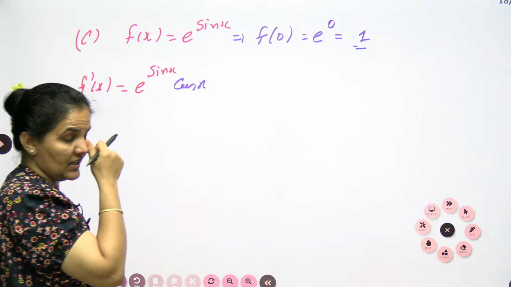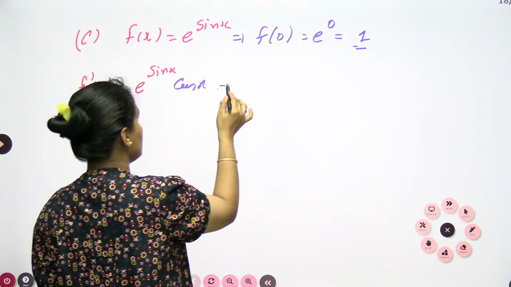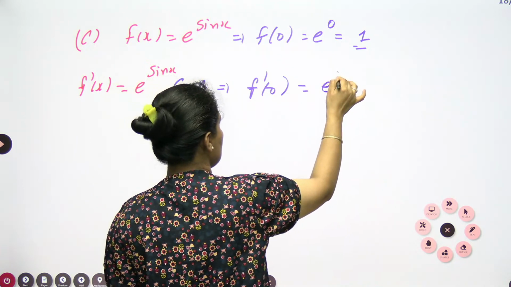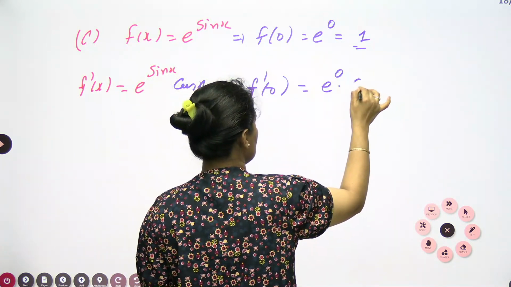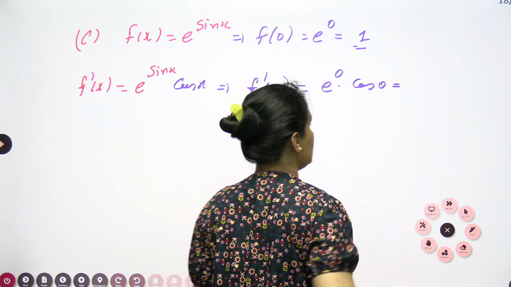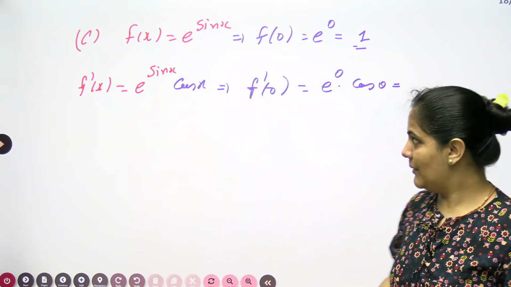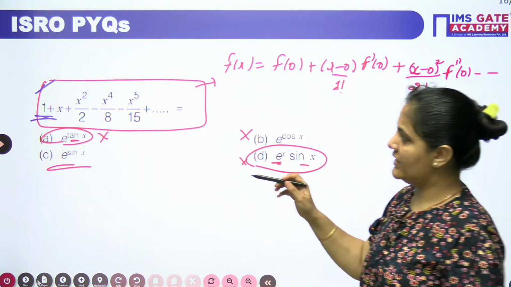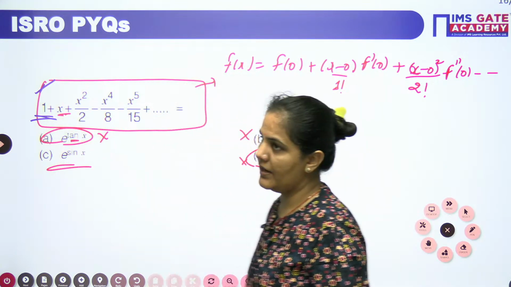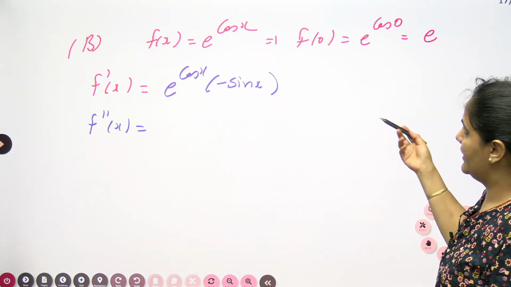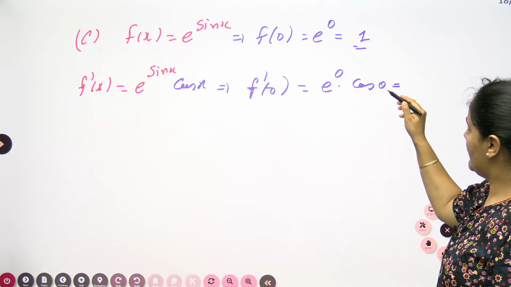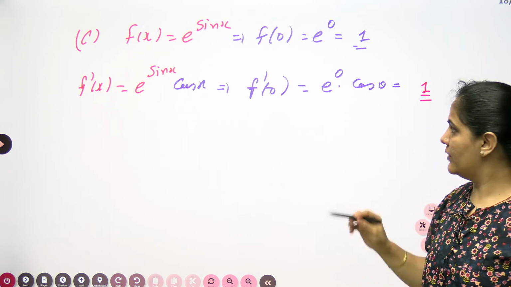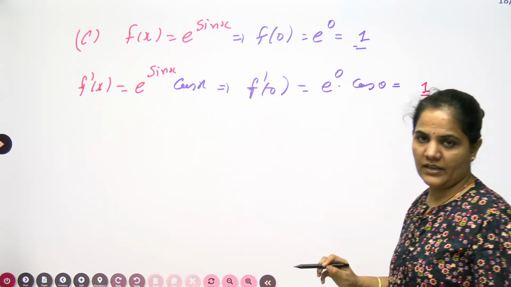Now f'(0): e power 0 is 1, and cos 0 is 1, so again this is 1. I can see my next term is x here.